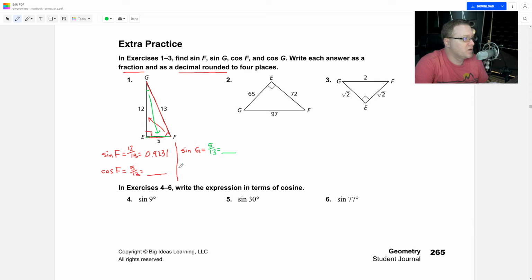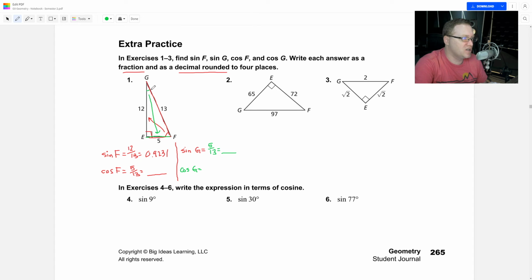And then finally, we want to find the cosine of G. Well, here's G. Cosine is CAH, which is adjacent over hypotenuse.